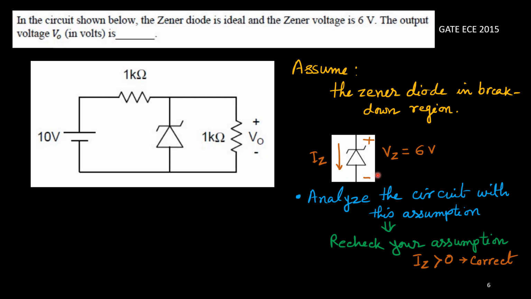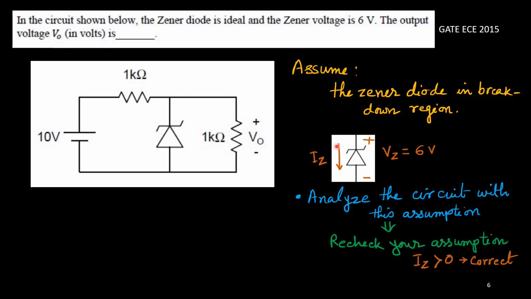Otherwise it won't be in breakdown region, because the Zener diode should be in reverse biased condition. So current should flow from N to P, not P to N. If current is flowing from P to N, obviously it will be forward biased.